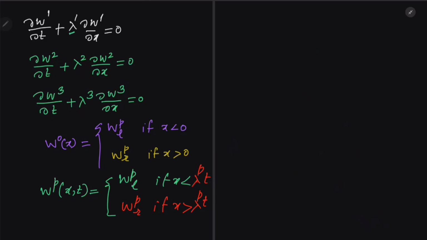I just took an example of three waves. So here this P will be equal to 1, 2, and 3. And the same goes for this P, P will be equal to 1, 2, 3. And the same goes for the eigenvalue, P is equal to 1, 2, 3. So this was all about the solution.